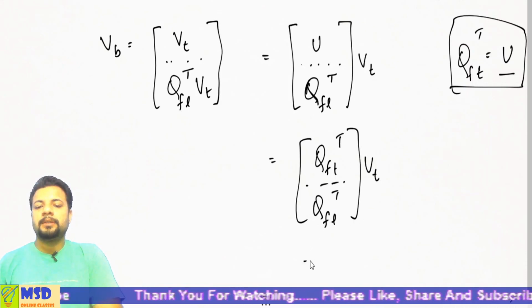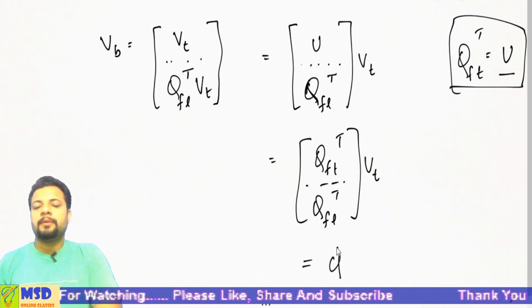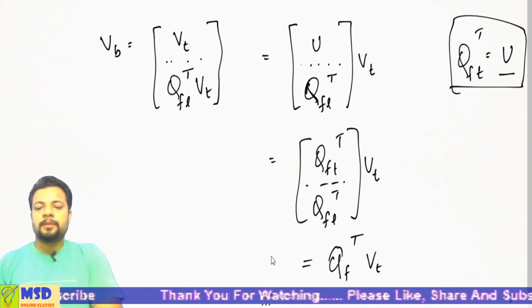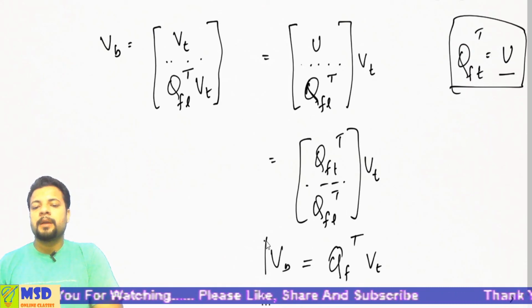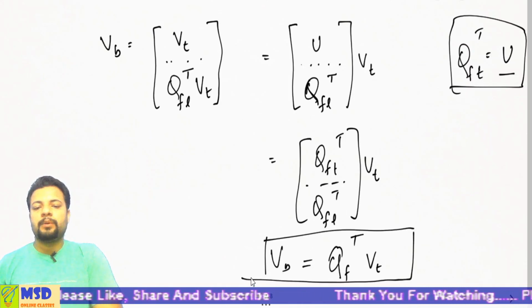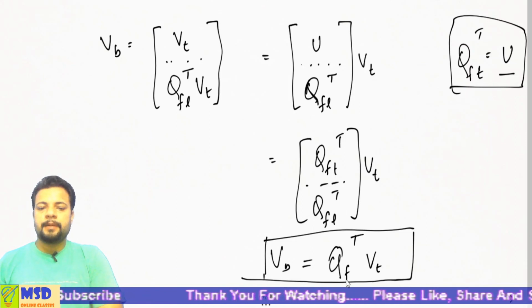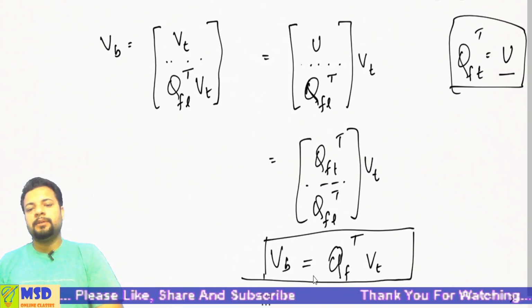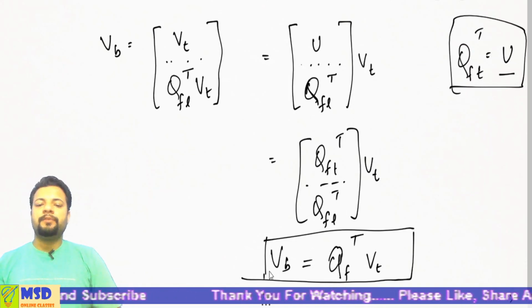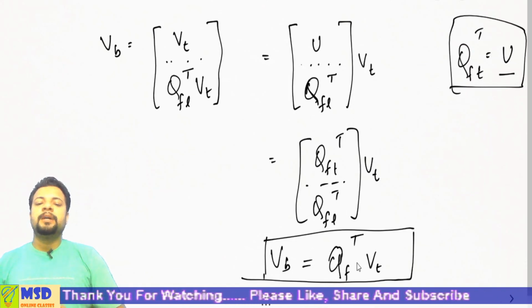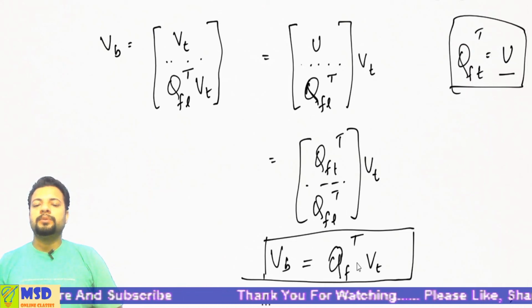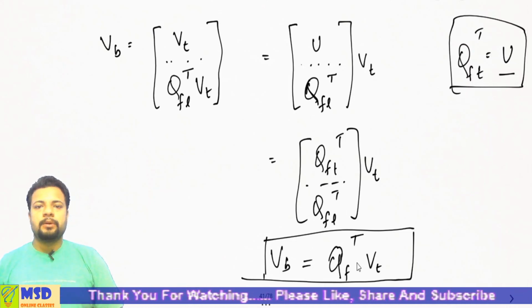Now this is your QF matrix. So this is the relationship between the branch voltage vector and the twig voltage vector. I hope you can remember this and you have completely understood how we derived the relationship between the twig voltage vector and the branch voltage vector. We are going to use this in nodal analysis later on.